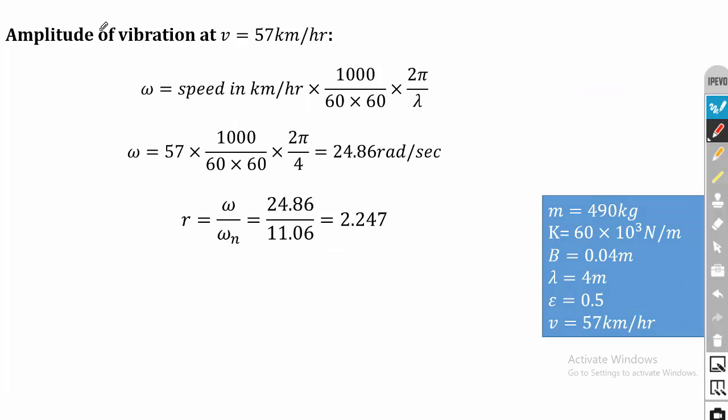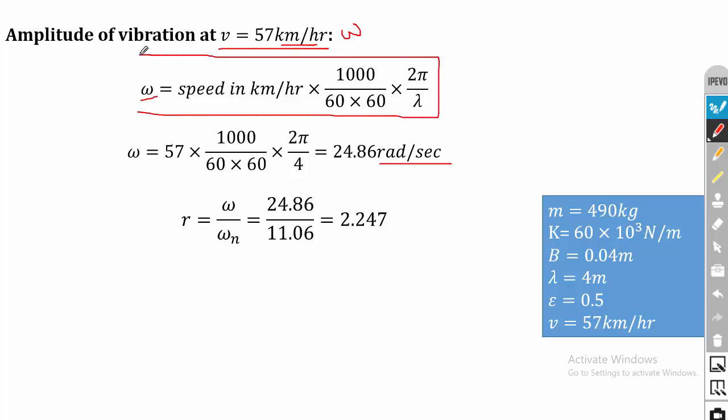And the third subdivision is the amplitude of vibration at V equal to 57 km per hour. So this is actually omega, that is, the forced frequency. But we have to substitute the value of omega in radian per second. So we need to convert the kilometer per hour into radian per second. I am going to use this relation for the conversion.